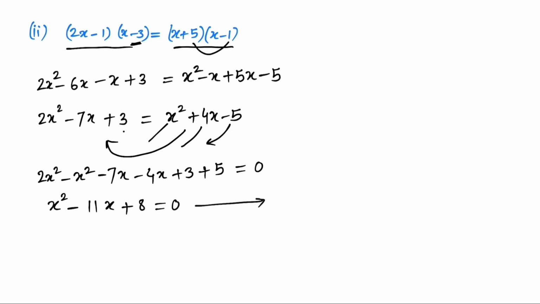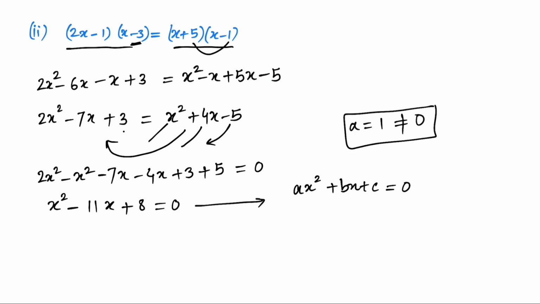So this equation is in the form ax square plus bx plus c is equal to 0, where a is equal to 1, which is not 0, right, and therefore this is a quadratic equation.